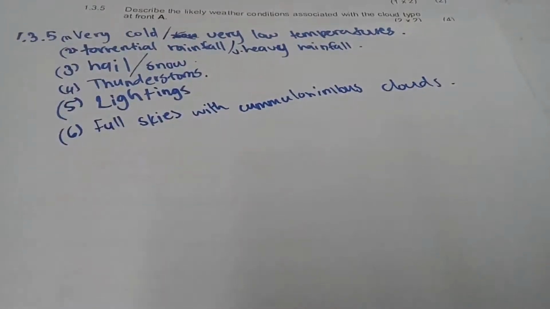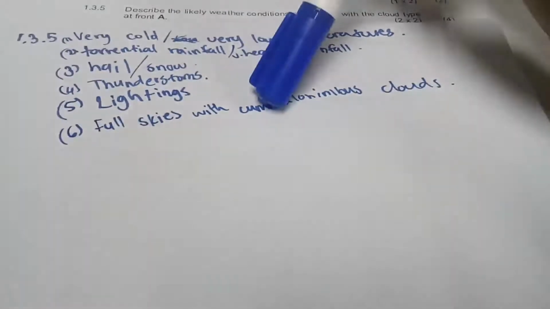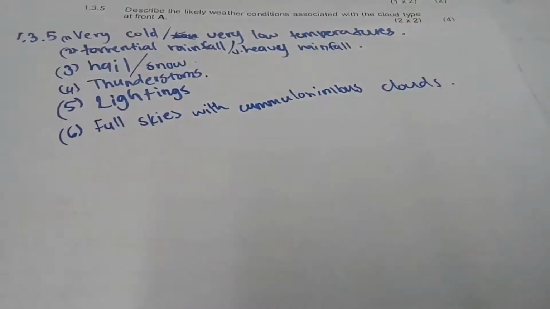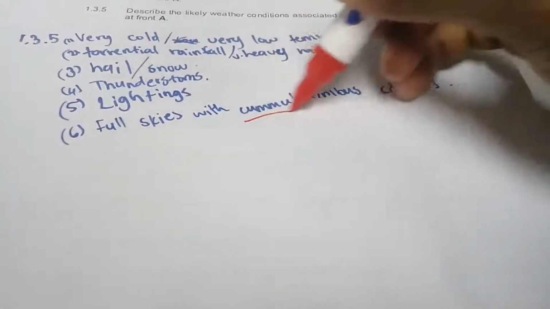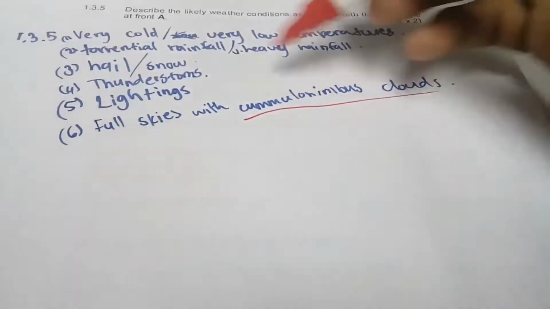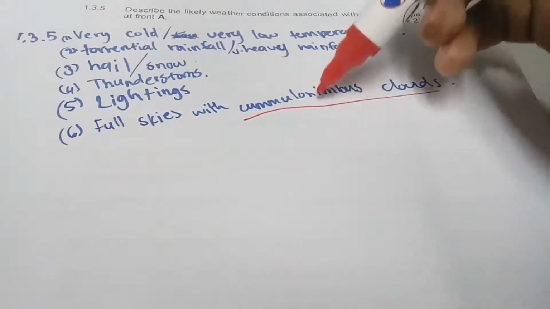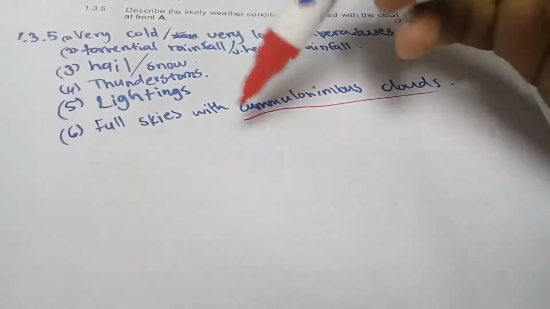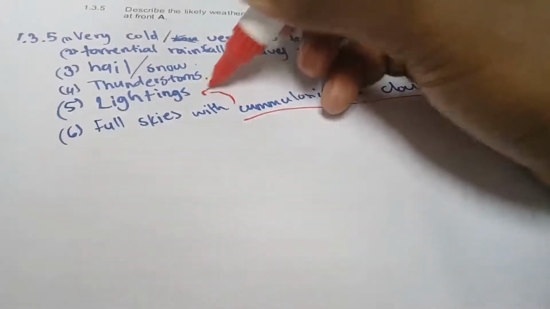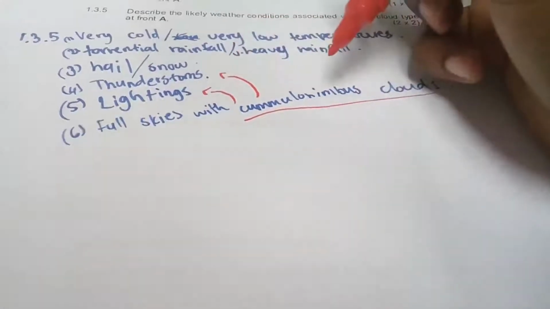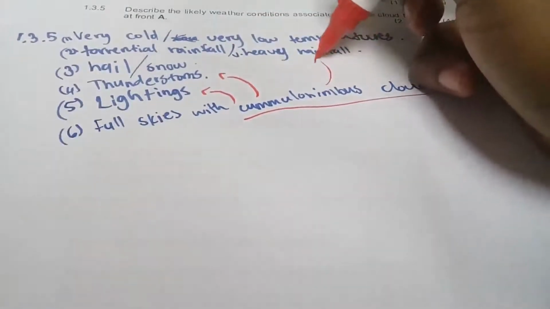Just behind a cold front, they are asking for weather conditions in the cold sector. Yes, so torrential rainfall was brought by these cumulonimbus clouds. Many factors were resulted from cumulonimbus clouds: lightning, thunderstorms, torrential rainfall.